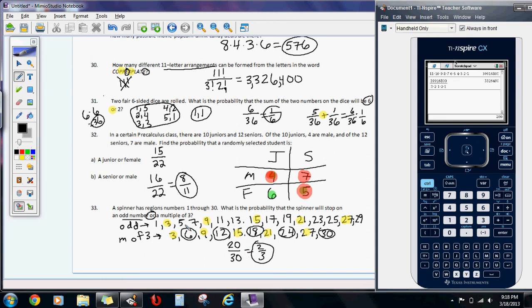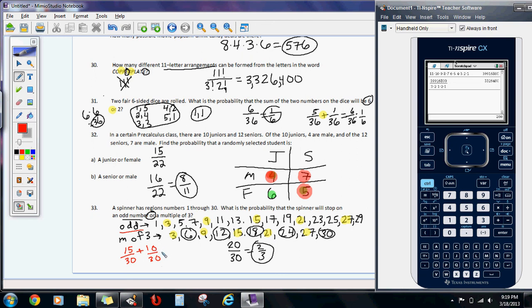Okay. Now switching gears, and I will switch to a different color so you can see that this is a different way of thinking. You could think of this problem as 15 successes out of 30 for it to be an odd. And then we could add to that 1, 2, 3, 4, 5, 6, 7, 8, 9, 10, 10 successes out of 30 because there's 10 places where it's divisible by 3.